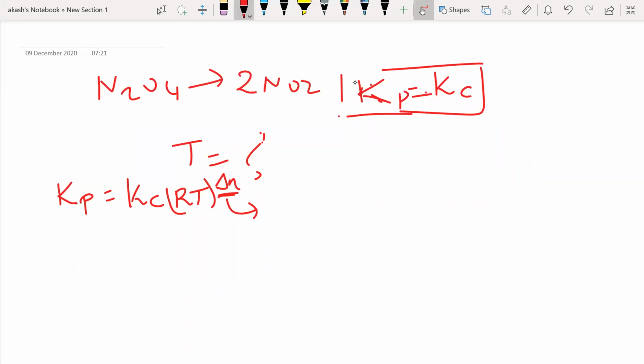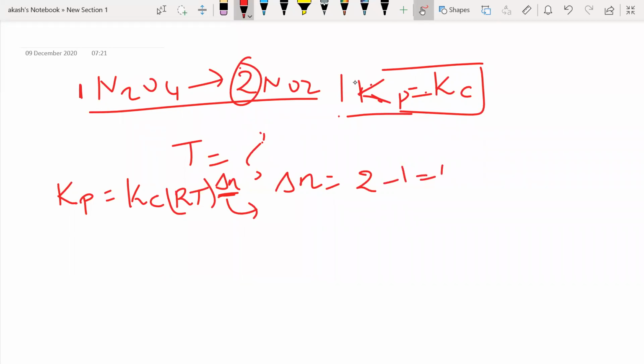Now look at this equation and tell me what is the value of delta N for this reaction? There are 2 on the product side and only 1 on the reactant side. So 2 minus 1 is 1.